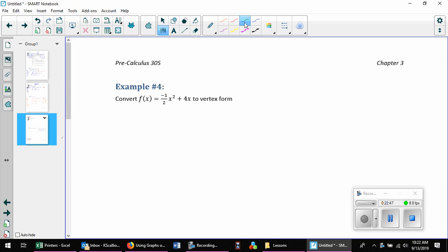So step 1 is group by axis. What's step 2? I'm going to take out the -1/2 because I always need to have a coefficient of 1 of the x squared. It's 8.